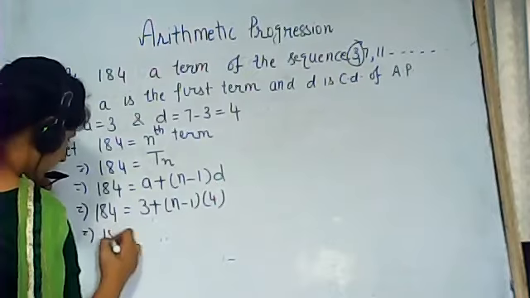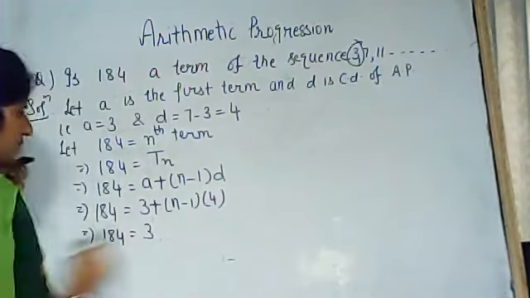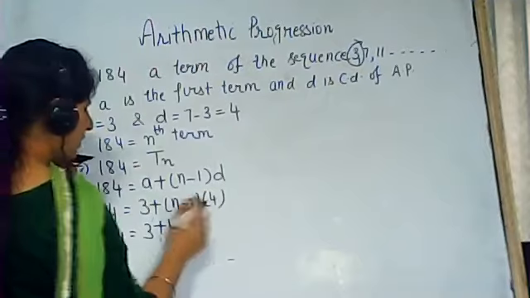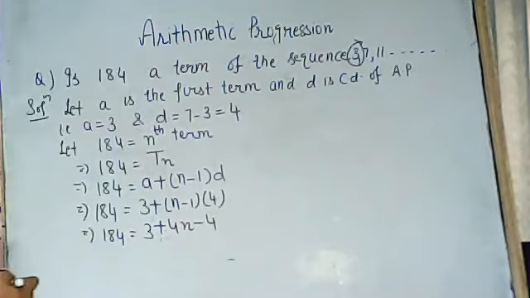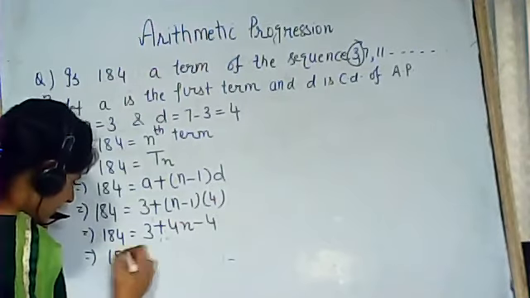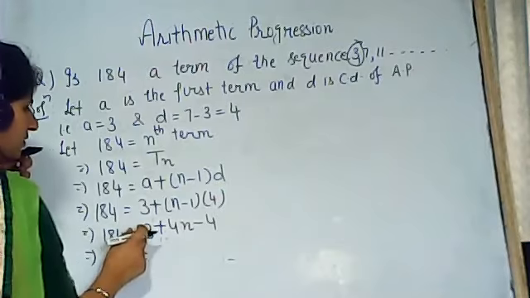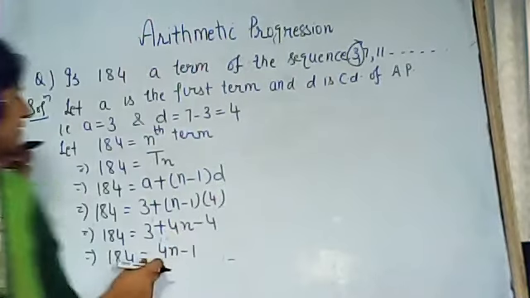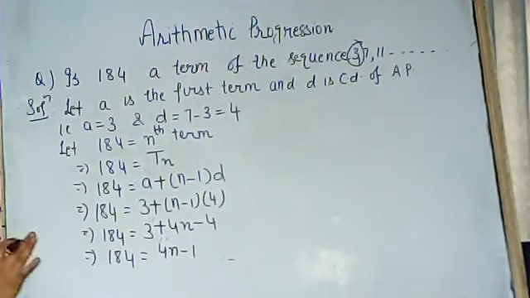Now let us simplify. 184 is equal to 3 plus 4 into n, which is 4n, and 4 into minus 1 will be minus 4. So 184 is equal to 3 minus 4, which is minus 1, plus 4n. 4n is a positive term, so write this term as it is.